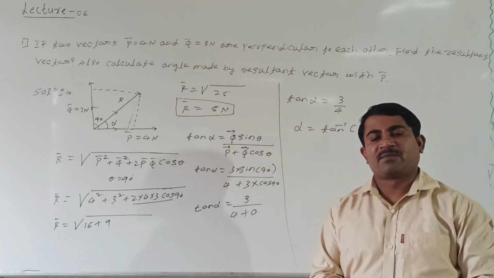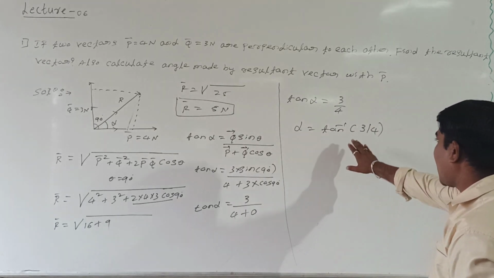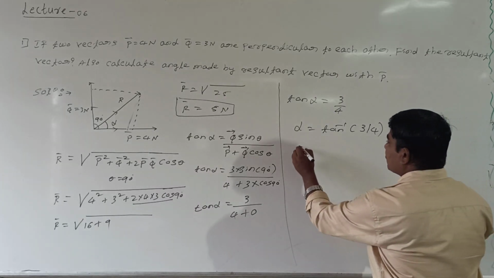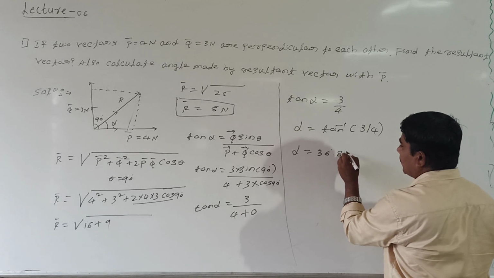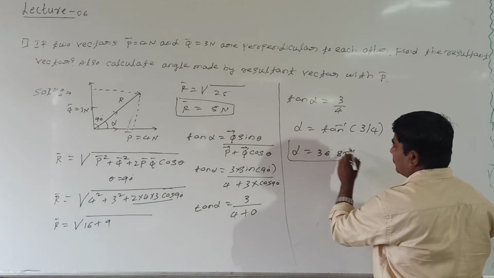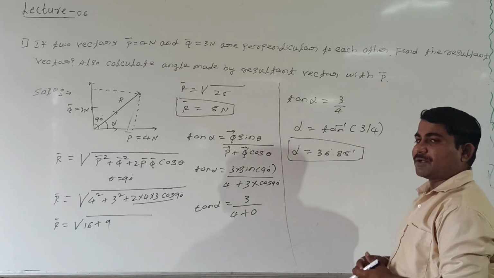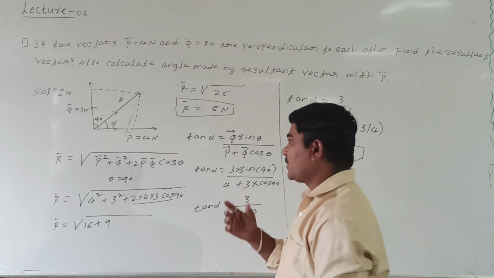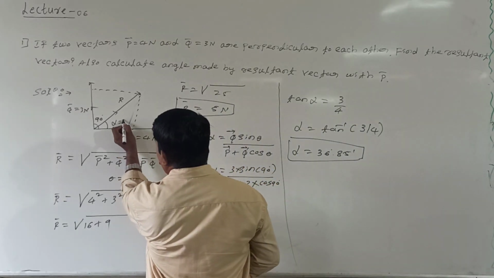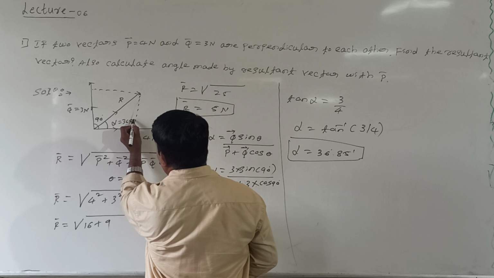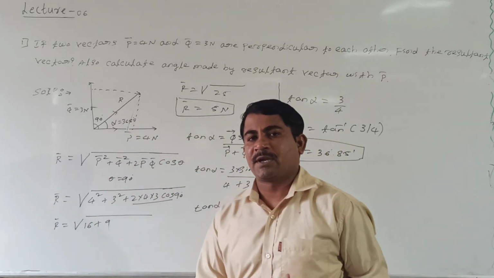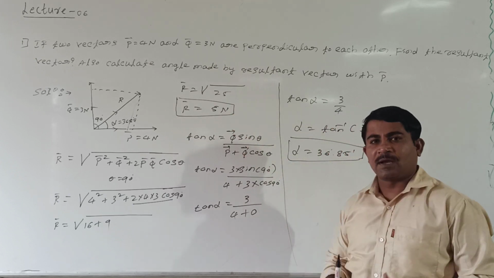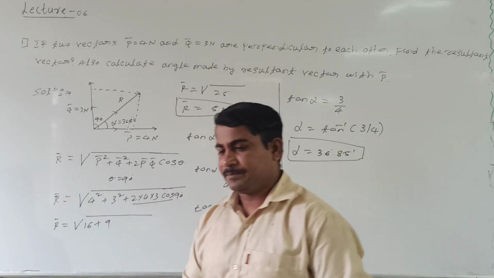If we use a calculator, tan inverse of 3 by 4 is equal to 36 degrees 85 minutes. So this angle alpha is 36 degrees 85 minutes. This is the solution of this numerical. Copy this numerical, students. We will solve one more numerical.